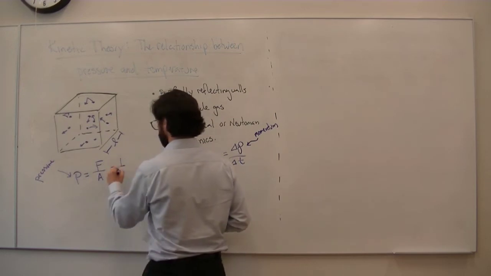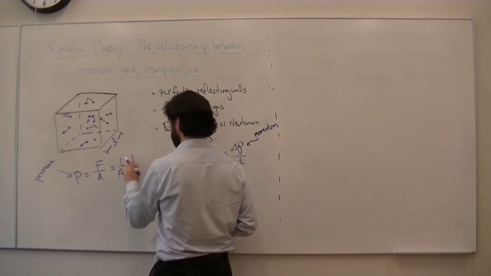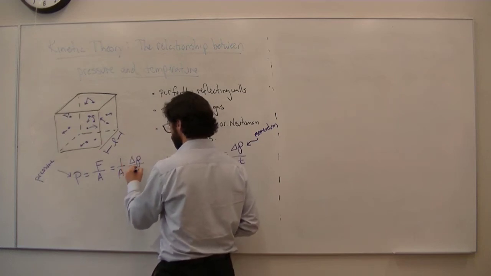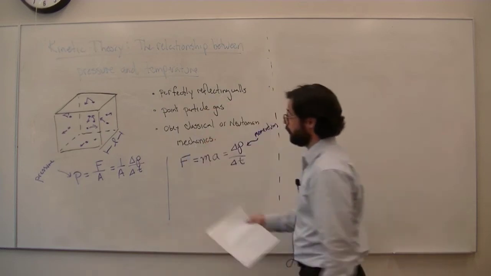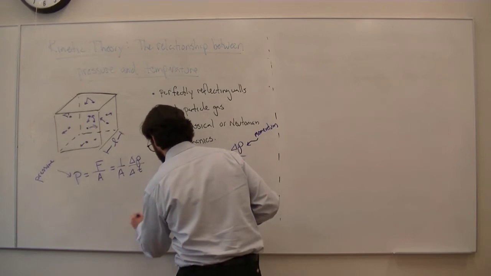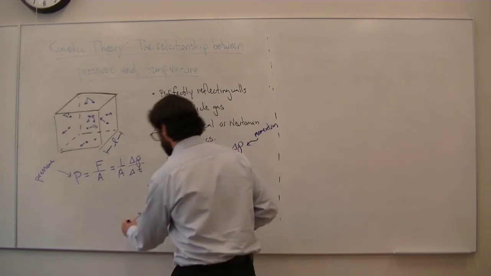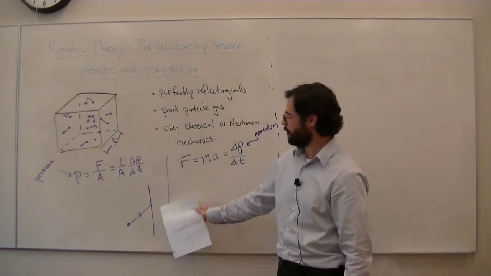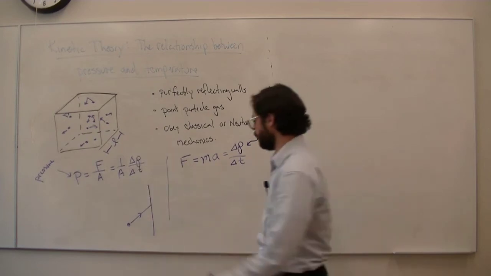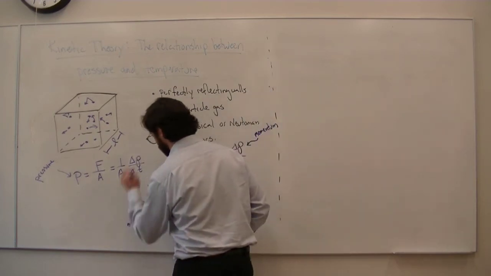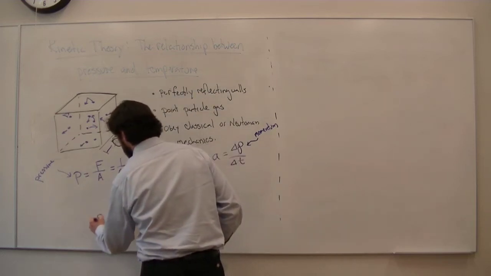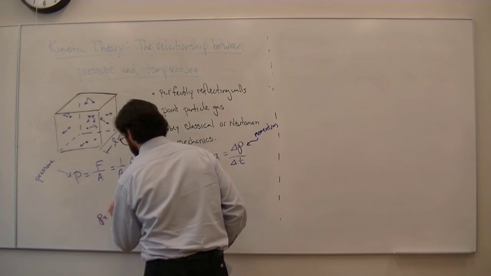Okay, so now this is 1 over A, change in squiggly p for momentum, over some amount of time. Let's consider just one and only one of these collisions. This thing comes in, and it bounces off the wall. What happens to the particle after it hits the wall? In a perfectly reflecting wall, the only thing that changes, let's call this the x direction, is that its momentum in the x direction is flipped.